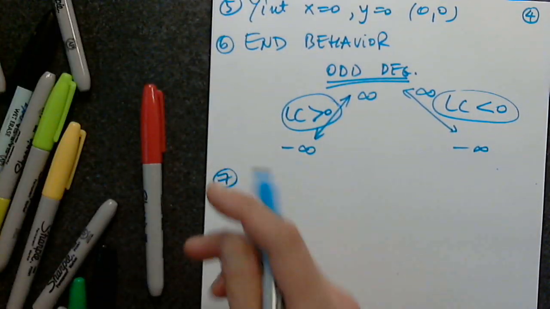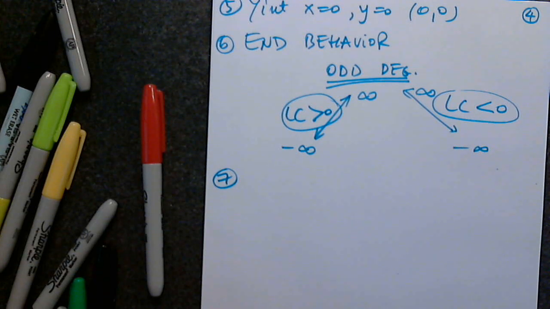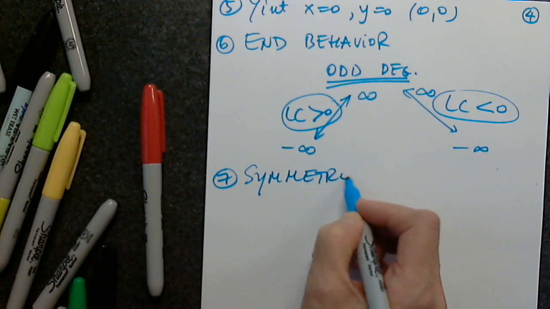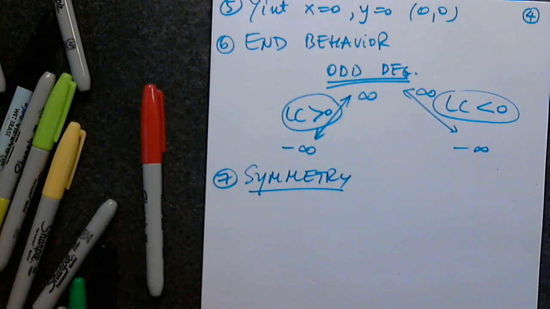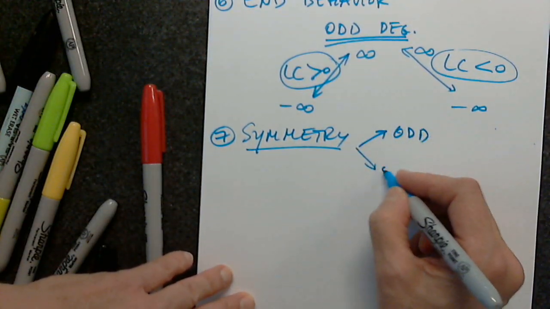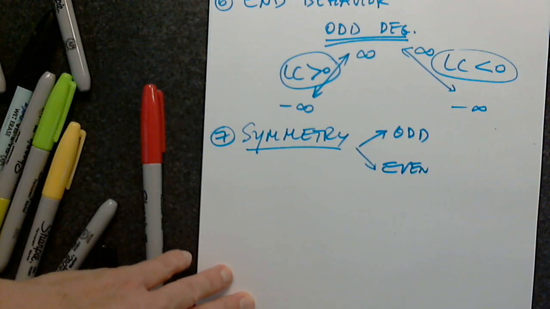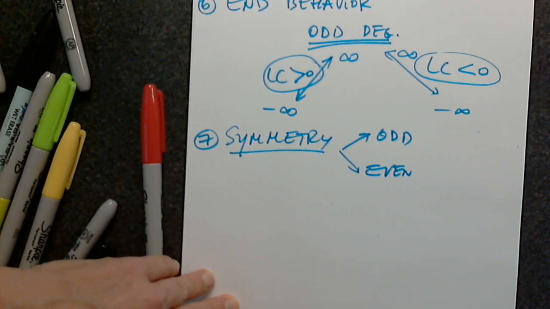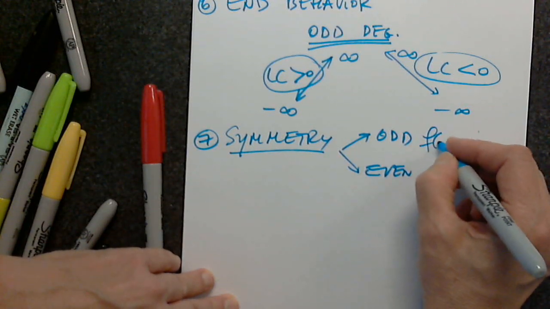Number 7. Symmetry. Not the axis of symmetry like quadratic, but symmetry. Remember, symmetry, we have 2 types, odd or even. That's why we studied this in chapter 2, for chapter 3. For odd, how much is f of negative x?